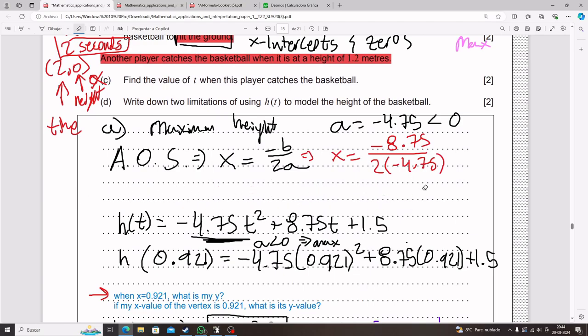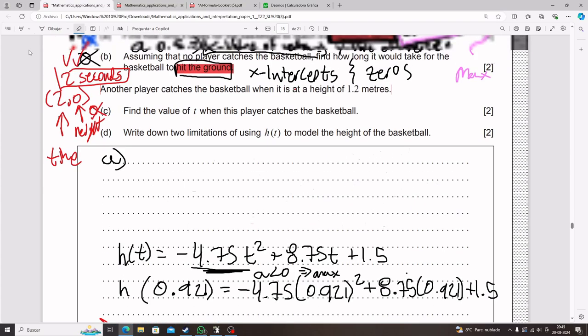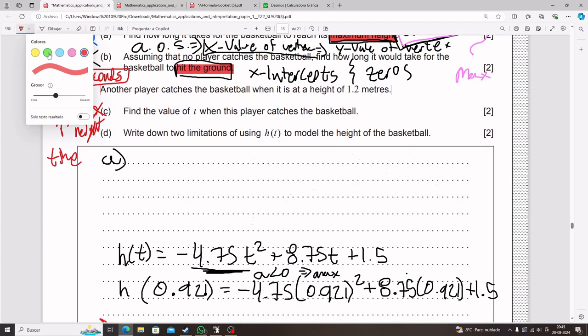So the first question I will ask you is, they're giving me a height of 1.2 meters, correct? What are they asking for? They are asking for when this player catches the ball. So, two very important things to point out.